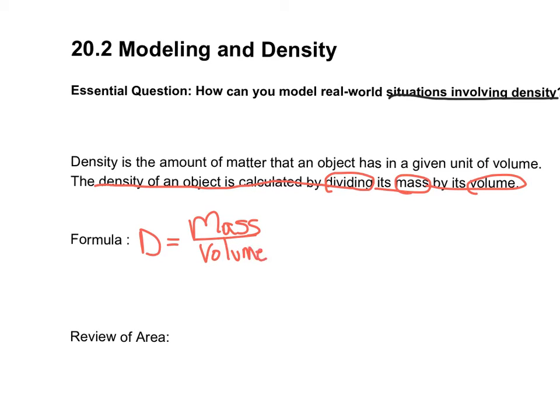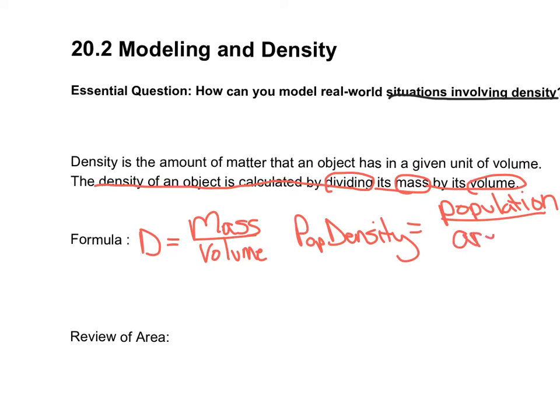And population density is population divided by area. So, like I said, these problems are very simple because usually they give you the area and the volume in the problem.